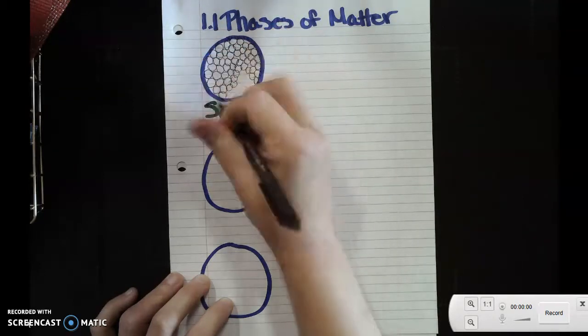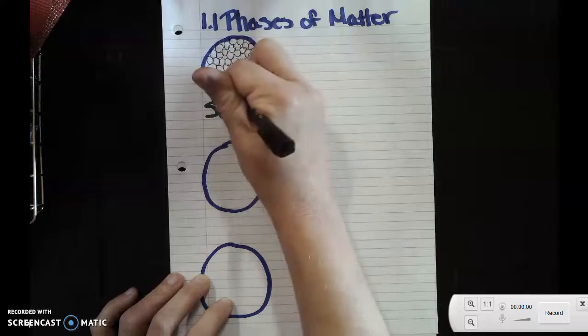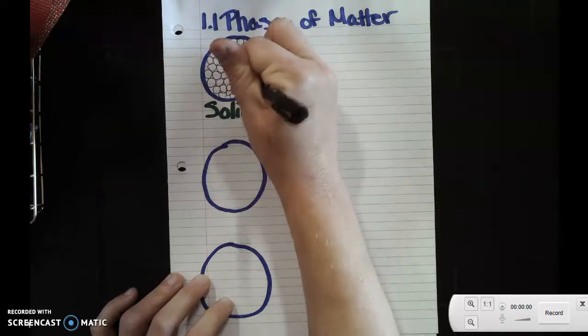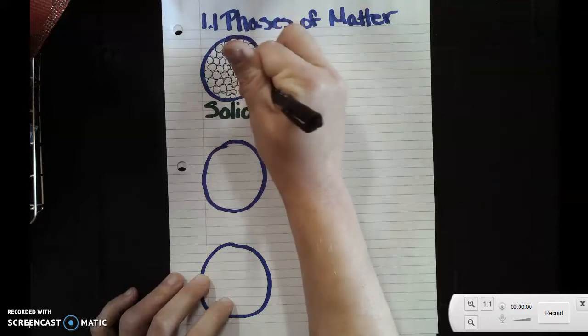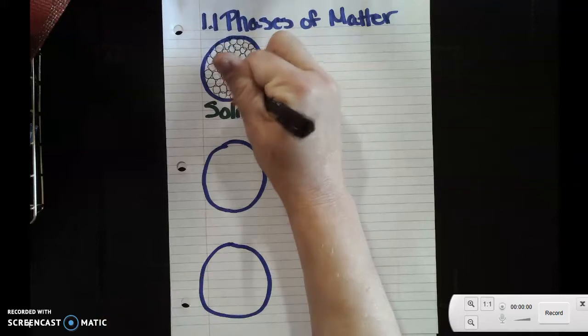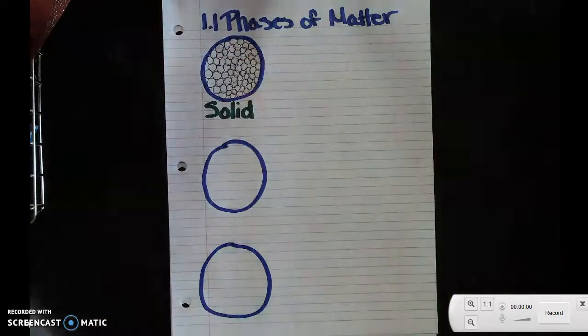You can see there's a little wiggle room. There's that kind of empty space. And that allows for these atoms to vibrate and move around a little bit. Solids do have some motion, but because they're so tightly packed, they don't have a lot.